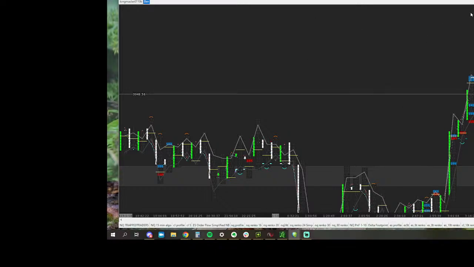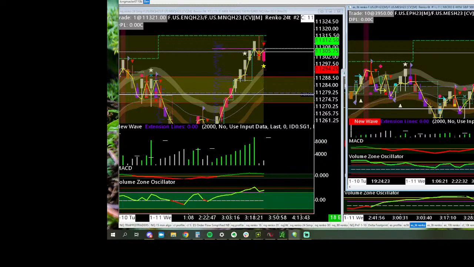So on ES, this is where the biggest buyer is. See that 282? The next biggest buyer is all the way down here. So if we can't get under this, it's going to rip, and I'll lose.